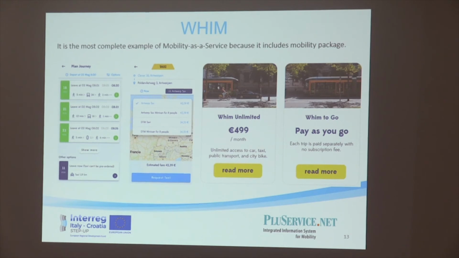So a user can search door-to-door travel solutions and pay with a single financial transaction, but they can also buy a subscription with some modes of transport inside, some access to different modes of transport, and they can travel with this subscription through different modes of transport of different transport providers.